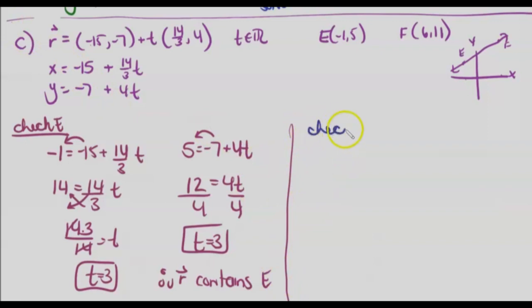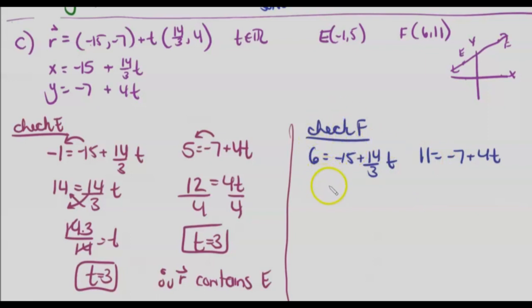Now, let's check F. We're going to do the exact same thing, but with 6 and 11. Okay, so 6 equals negative 15 plus 14 over 3t. And 11 equals negative 7 plus 4t. And let's solve. So negative 15 comes over, it becomes positive 15. So 15 plus 6 is 21, equals 14 over 3t.